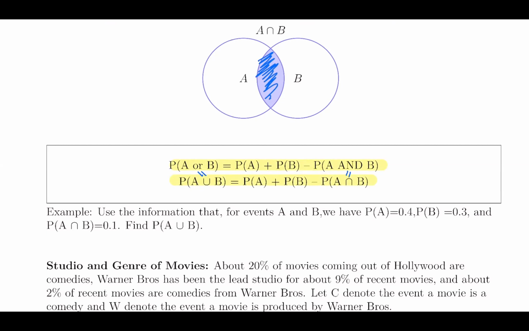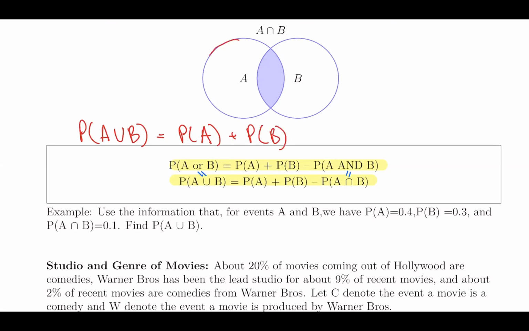All right. So up next, I'm going to show you how the formula came about. If you remember when we were doing this before, to get A or B we would just add up the probability of A and add that to the probability of B. So let's see how that works out with this.